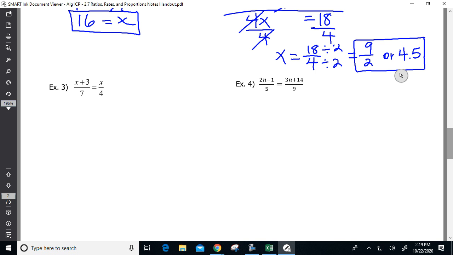Alright, so example 3. If x plus 3 over 7 equals x over 4. What am I going to multiply x plus 3 by? 4. So x plus 3 gets multiplied times 4.